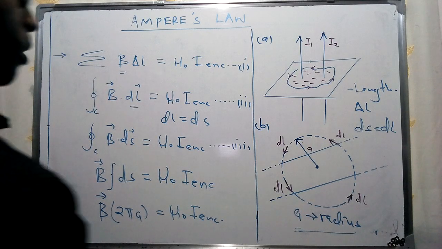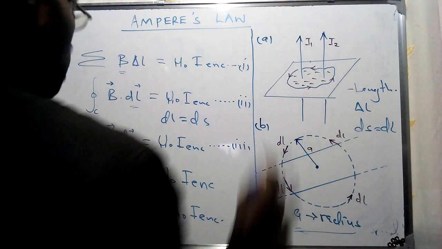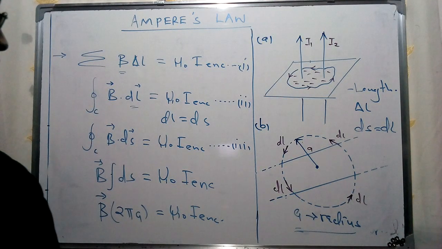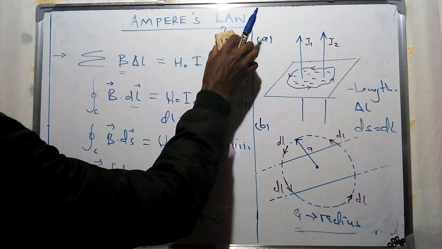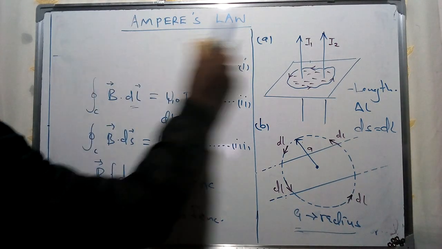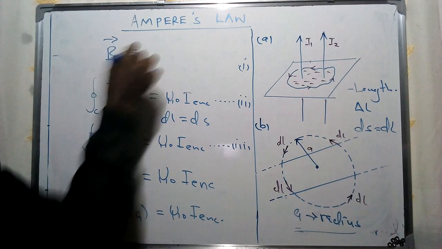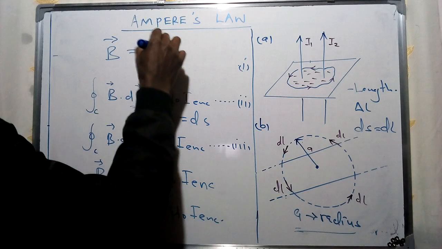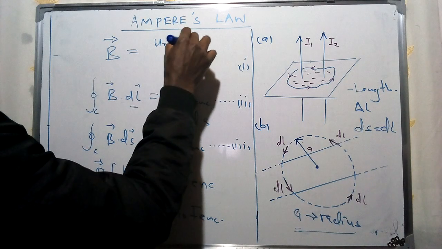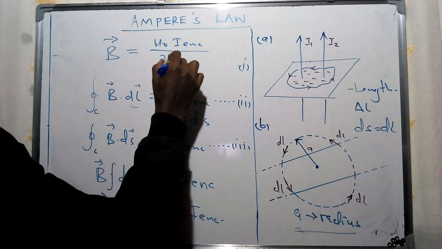And finally, we're going to have our evaluation. So we're going to have the final magnetic field as the ratio between mu naught times the current enclosed, divided by the product 2 pi a.